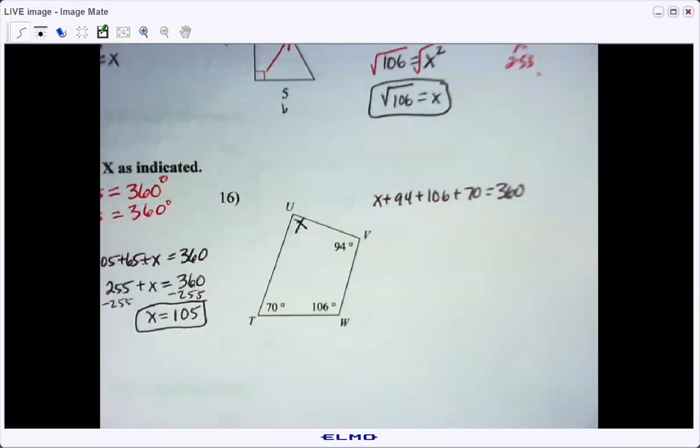A couple of people have it in the chat box. So far, so good.